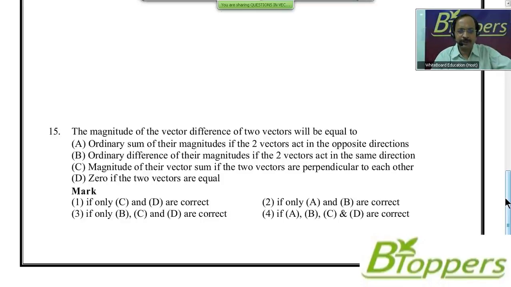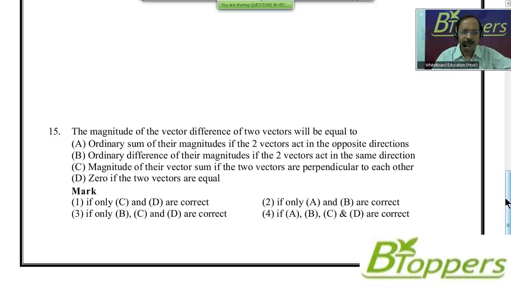See the next question, question number 15. This is a theory question. I will read out the question, or you can go to see on the screen also. The magnitude of the vector difference of two vectors will be equal to, first option, A, ordinary sum of their magnitudes if the two vectors act in the opposite directions.